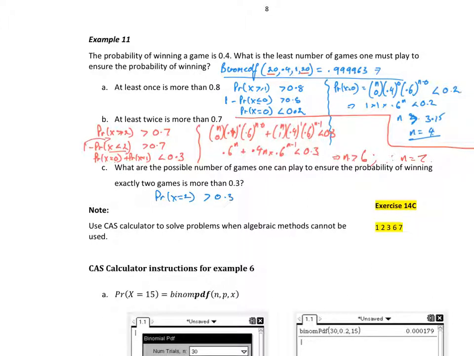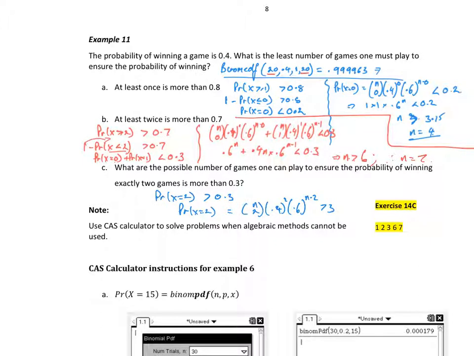So this one's a bit more straightforward. So the probability that x is equal to 2 is given by nC2 times 0.4 to the 2, 0.6 to the n minus 2. It's got to be greater than 0.3.